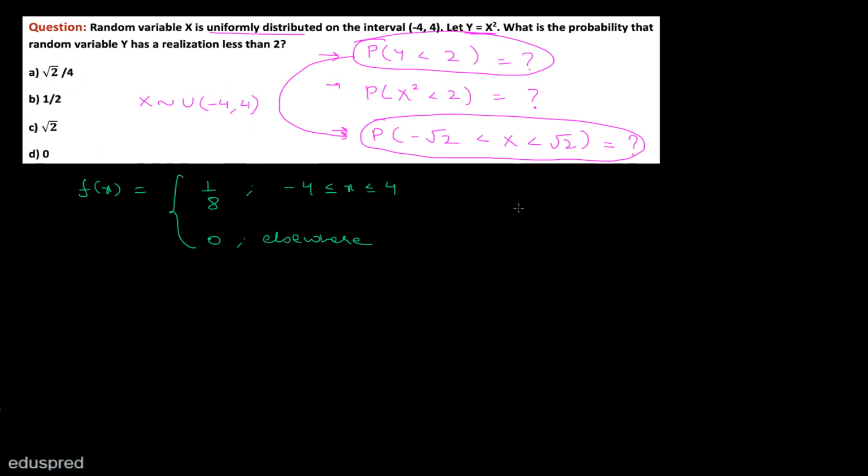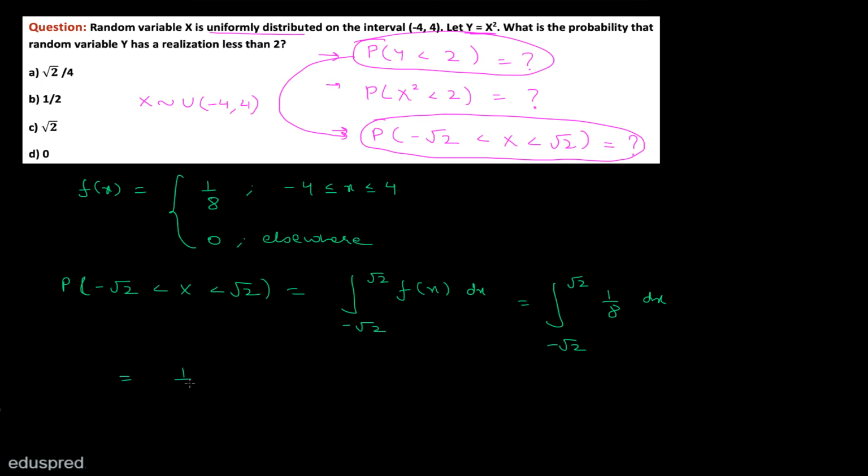Now we are going to talk about the integration method. In this method, to find the probability that x lies between -√2 and √2, we are going to integrate f of x from -√2 to √2. This is equal to integrating 1 by 8 from minus root 2 to root 2, and the integration becomes 1 by 8 x, with the values minus root 2 and root 2.